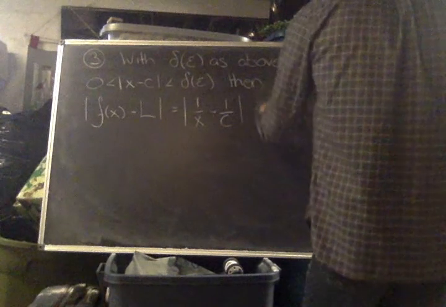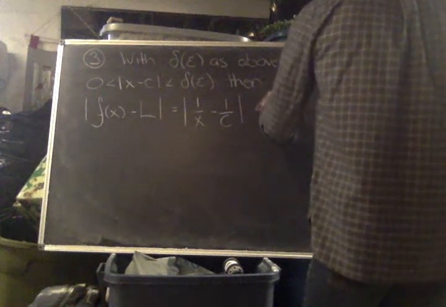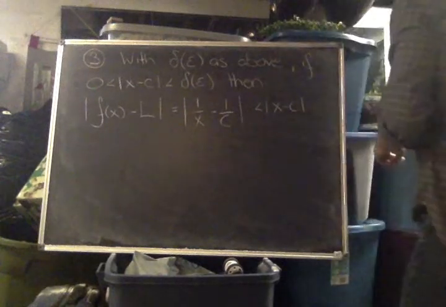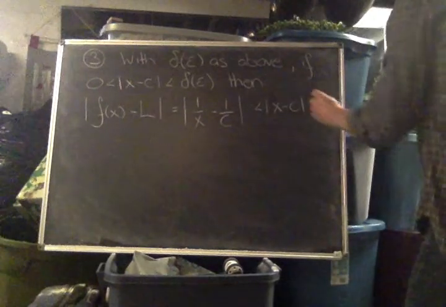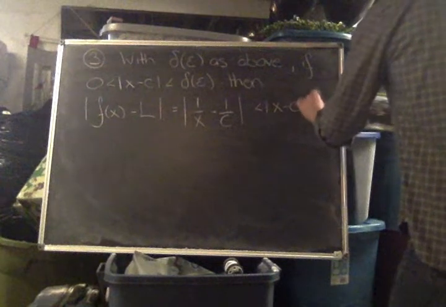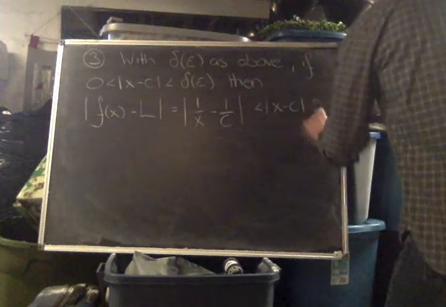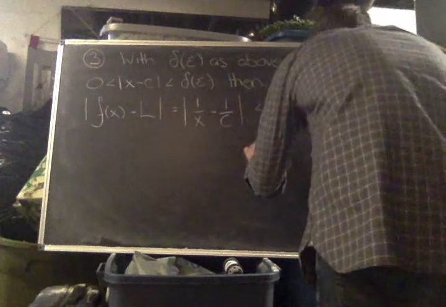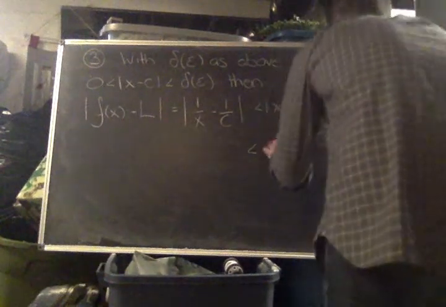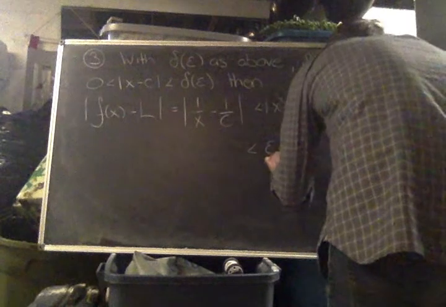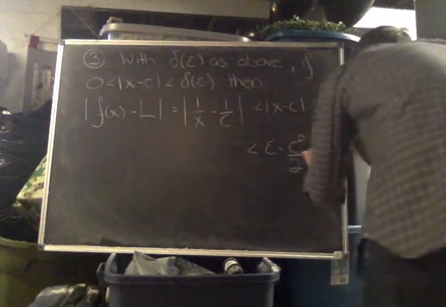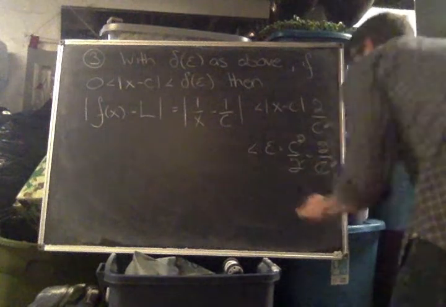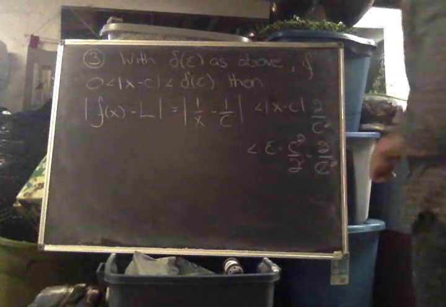Well, I guess if you really want to make it clear, you could say it's less than the absolute value of x minus c times 2 over c squared, which is then in turn less than epsilon times c squared over 2 times 2 over c squared, and everything cancels out.